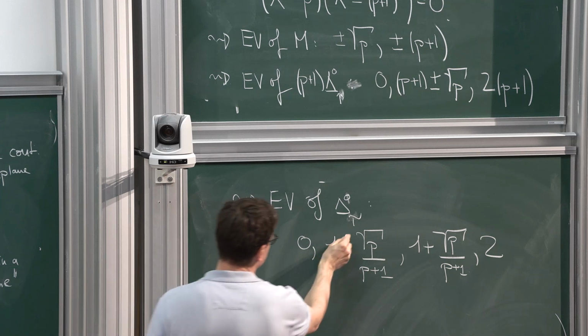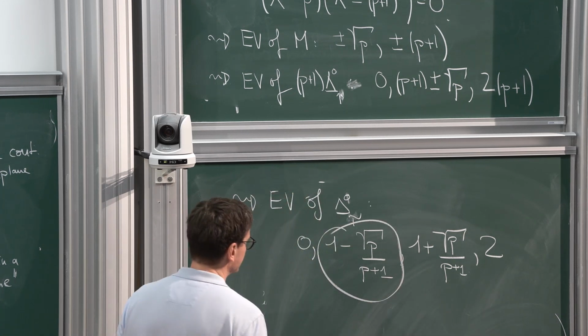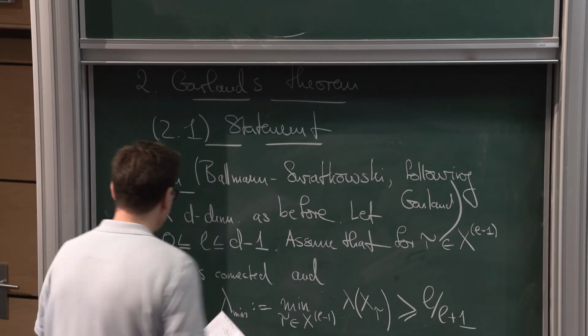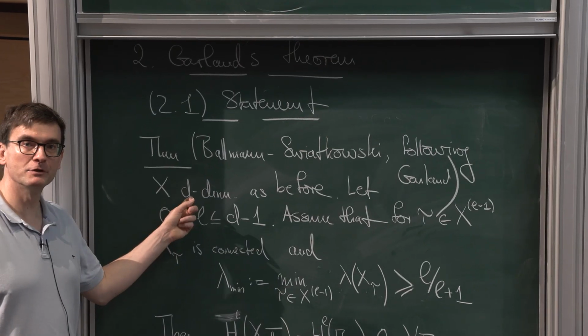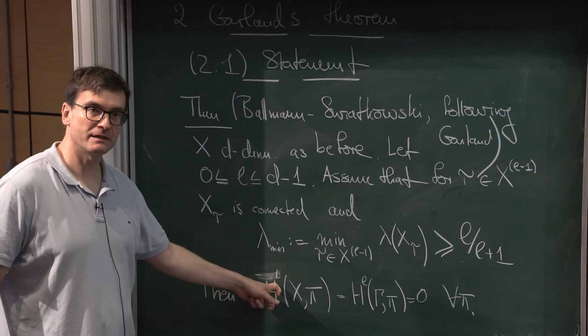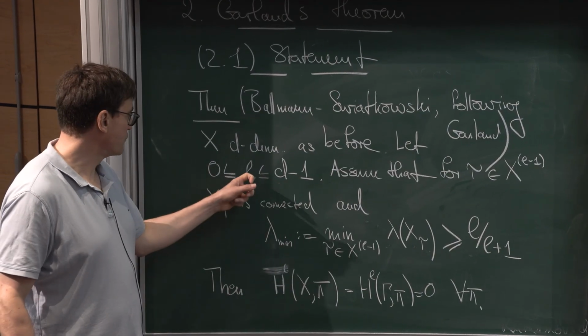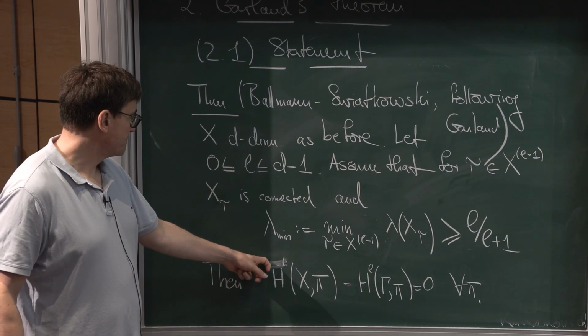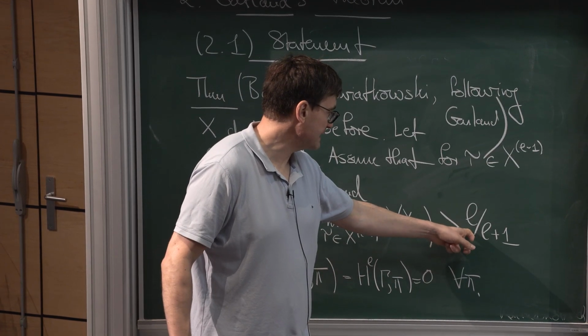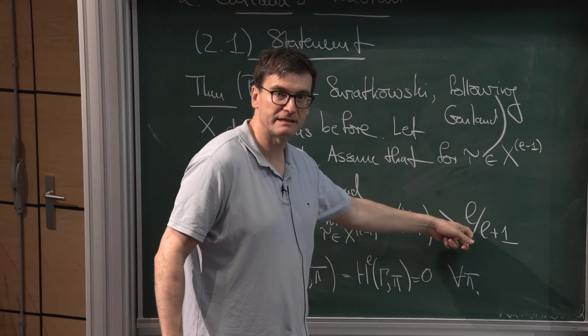We are interested in that eigenvalue. What should it be? We're looking at dimension d equals 2. We're interested in the first cohomology. So L is 1. And therefore, the bound that we're after is that the eigenvalue should be greater or equal to 1/2.